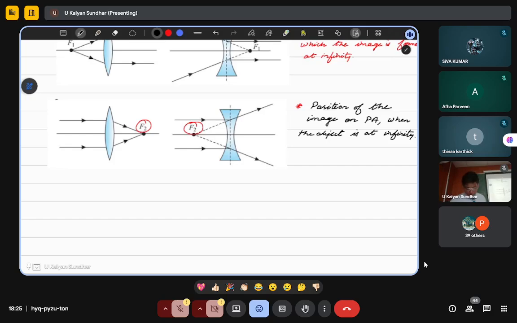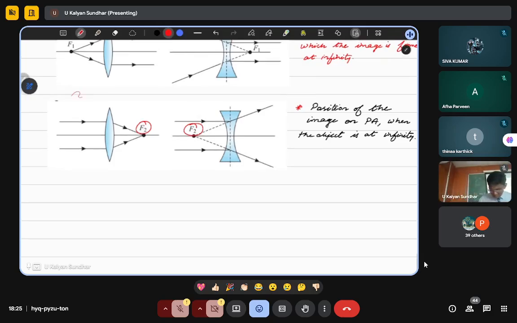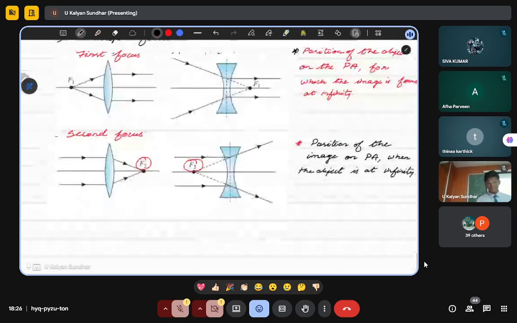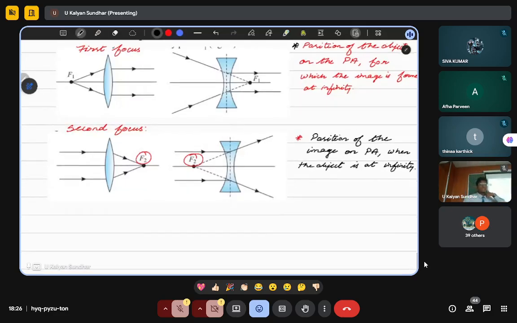Right, sir? And always, this is your second focus, and this is your first focus. Which focus do we always take when drawing the image formation by concave and convex? We will be considering f2. From here, the ray goes like this. When a parallel ray comes, where it will be meeting, we say that, and we won't be keeping the object as a point object here, right?